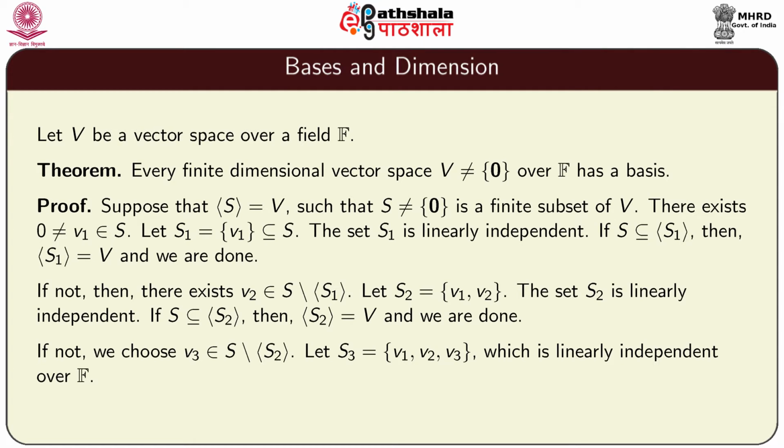So, there must exist at least one non-zero vector V1 in S. Let us call this singleton V1 to be the set S1, which is a subset of S. Now, V1 being a non-zero vector and S1 being the singleton V1, S1 is linearly independent over the base field F.